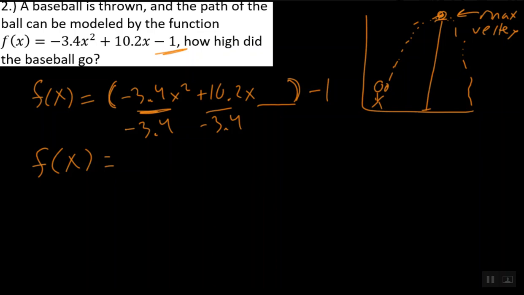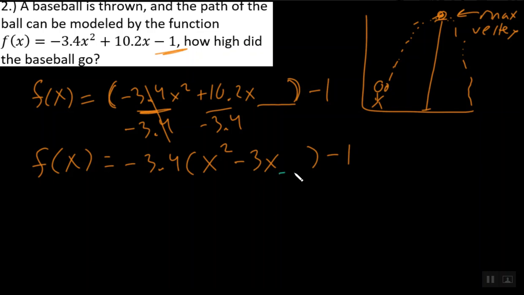So now I write f of x equals -3.4 parentheses, and I know that -3.4 divided by -3.4 is just 1x squared. Now I should probably use a calculator, and 10.2 divided by -3.4 is actually going to be -3x, I leave my space, minus 1.